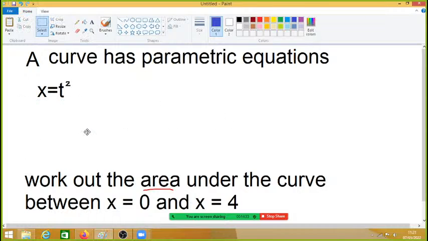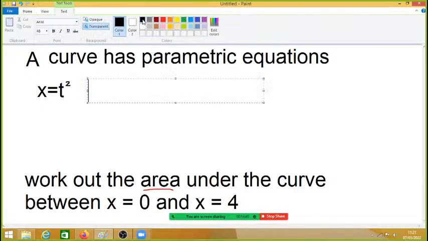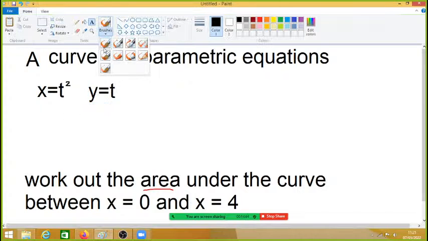So you tell me this time, one step at a time. We know we have to integrate, but how do we do it? How do we start?